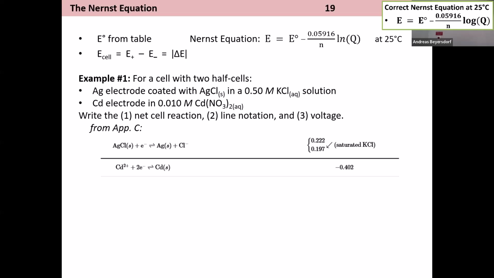All right, I take that back. Okay, so this is the E naught for the other reaction, cadmium 2 plus going to cadmium, right? Plus 2 electrons.